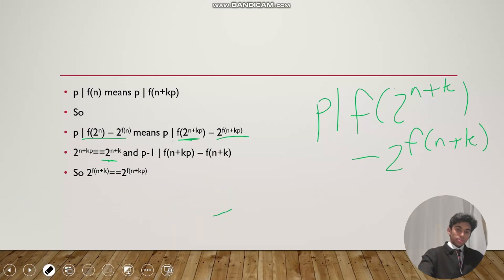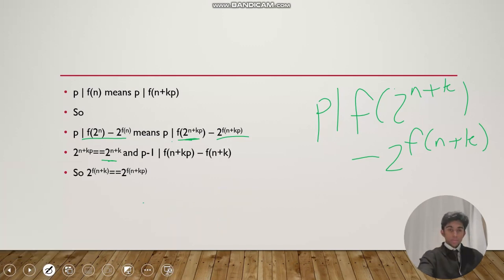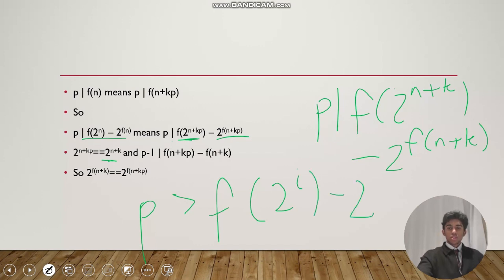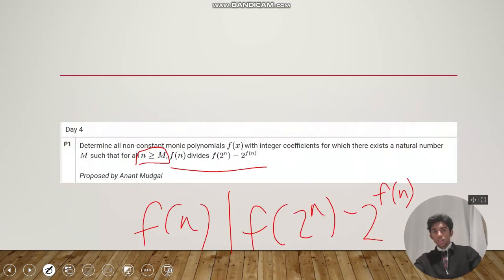Let's erase this a bit. Such that p is actually more than this value over here, where, remember, we have that extra annoying condition, right? We have that.